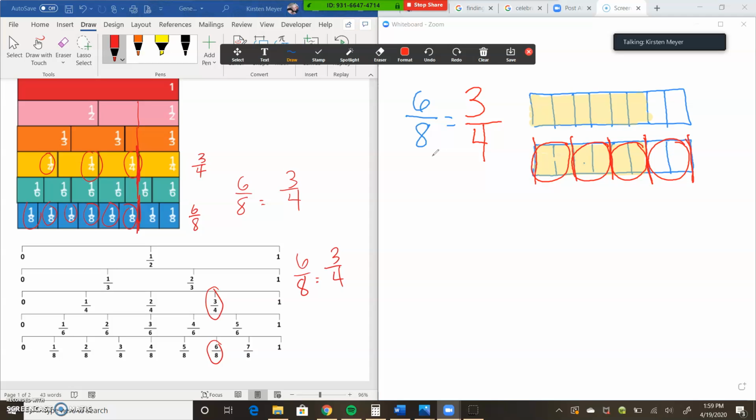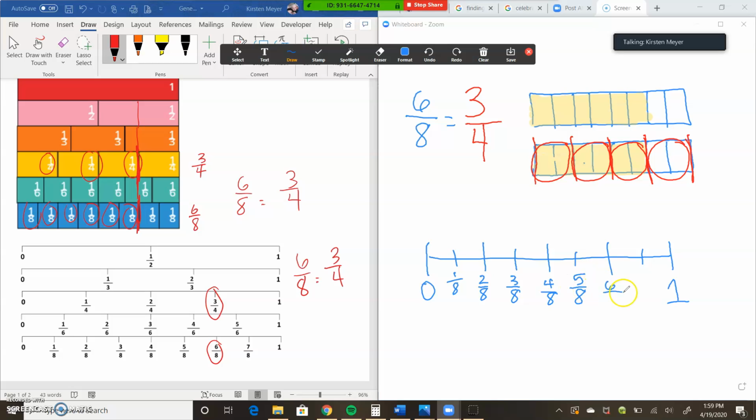See if it works on a number line too. 0 and 1. I know I need 8. So I have 1/8, 2/8, 3/8, 4/8, 5/8, 6/8, 7/8. 1 whole is the same as 8 eighths, and down here that's 0 out of 8.